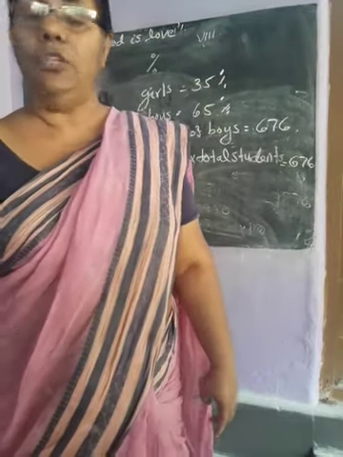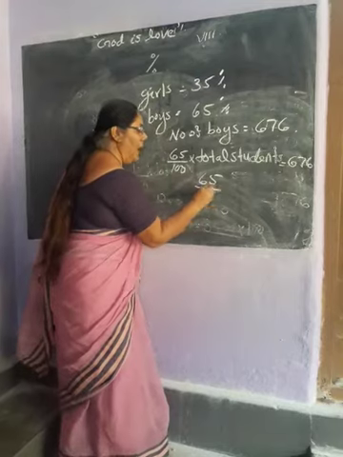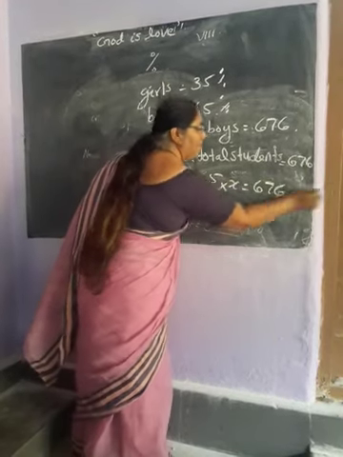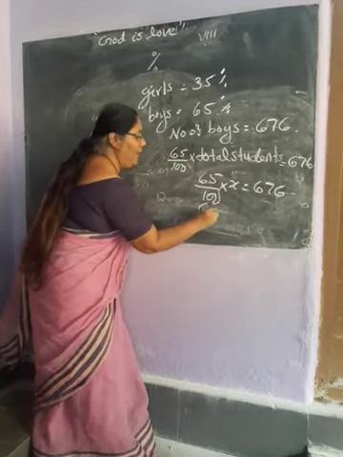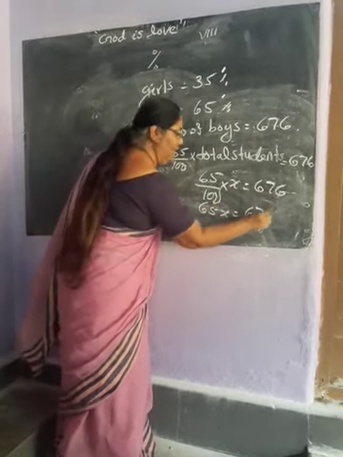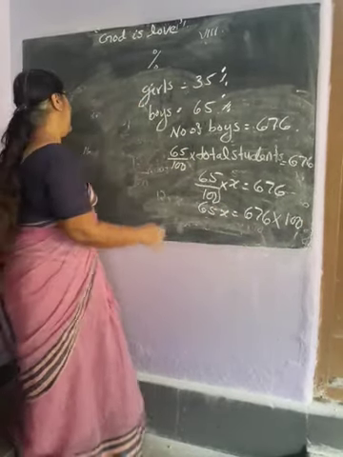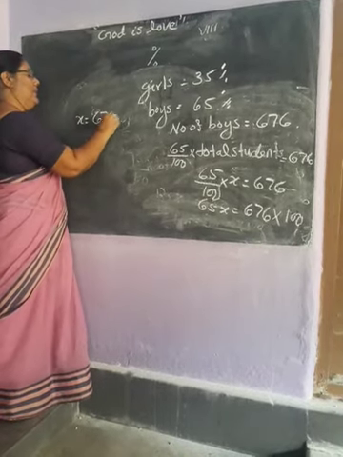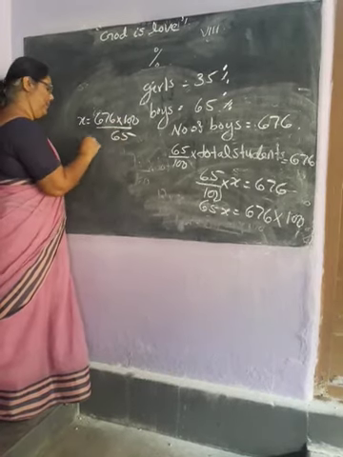Now you convert that into a sentence. 65 by 100 into x is equal to 676. Now 65x is equal to 676 into 100. Then what is the answer? x is equal to 676 into 100 by 65.